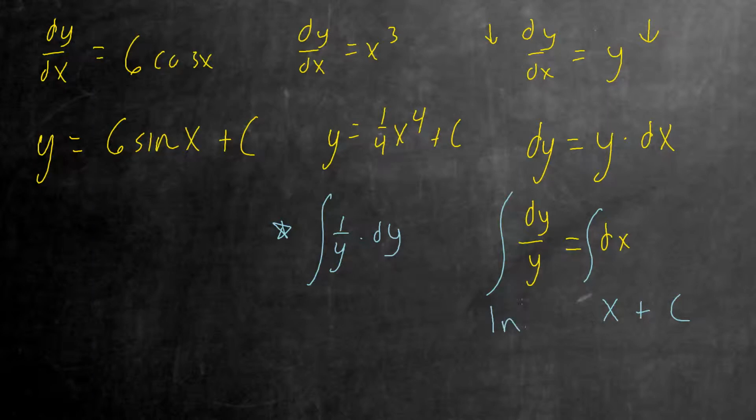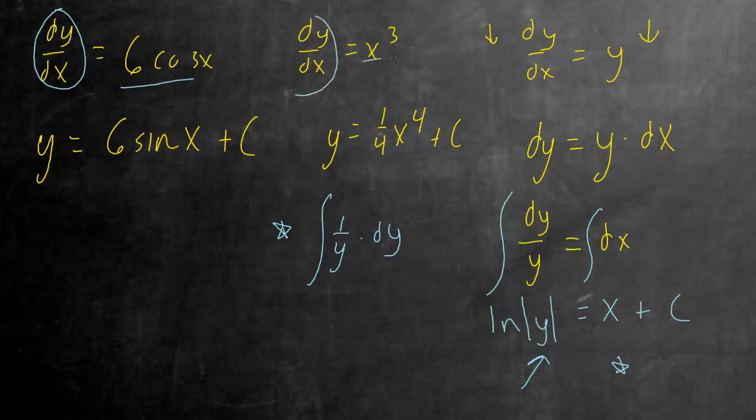That is the natural log of y. So we haven't got y by itself yet, but we're going to save the rest of this problem. It's like a special problem. The important thing is, what are we looking for? What derivative gave me this?